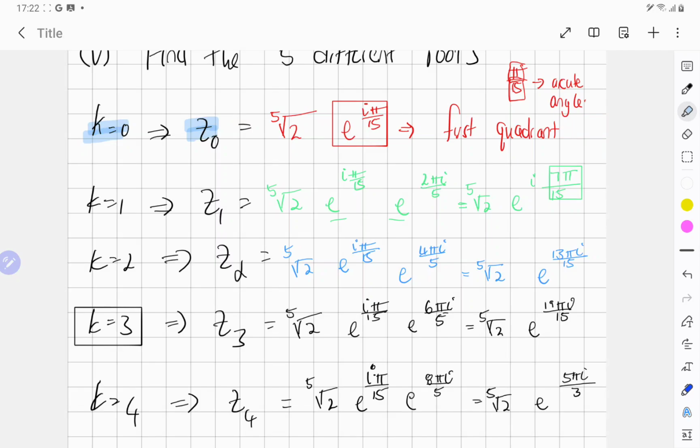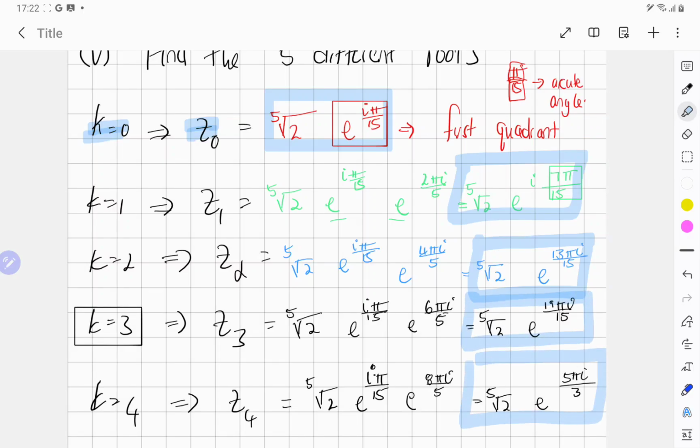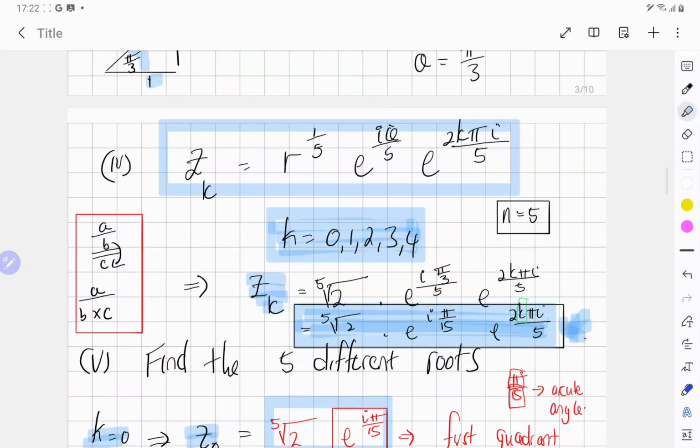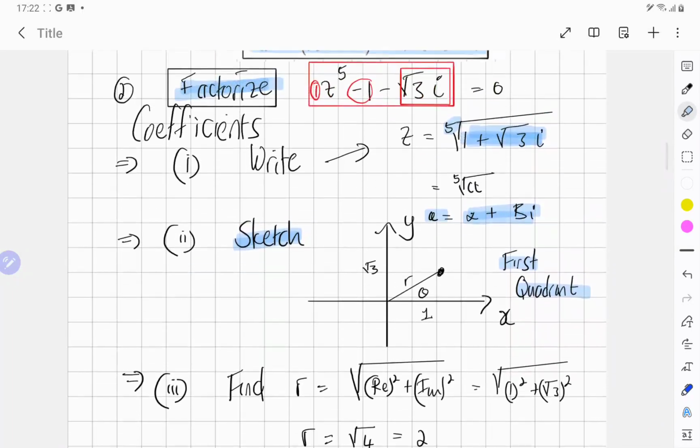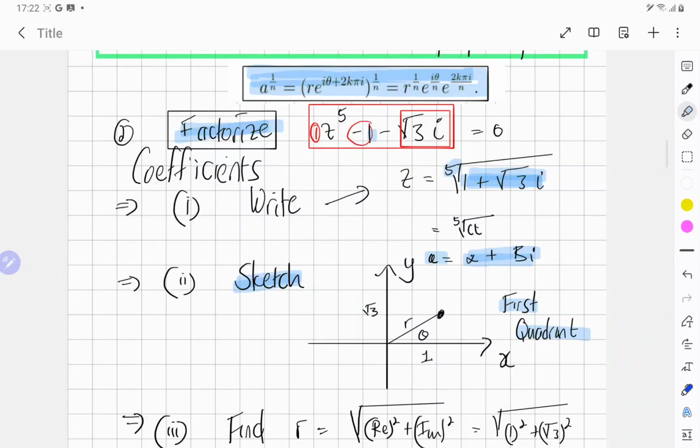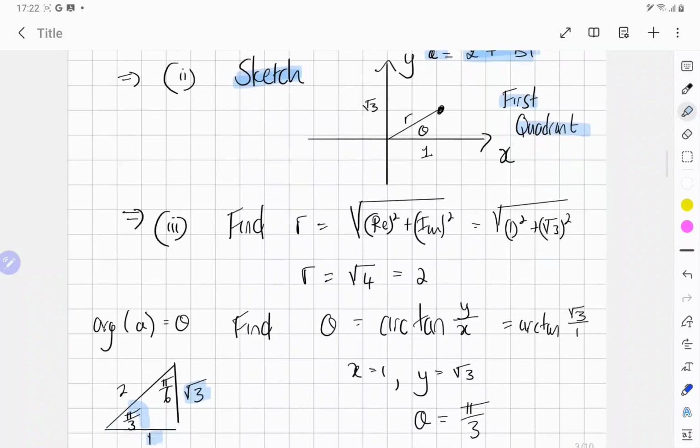So let's look at our 5 roots. We have first one, second one, third, fourth, and fifth. And just remember that they are not in conjugate pairs, since our coefficients, that is including our constant, is not a real coefficient.